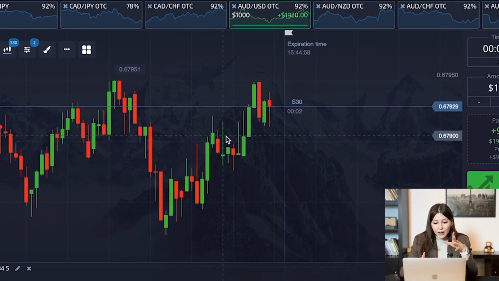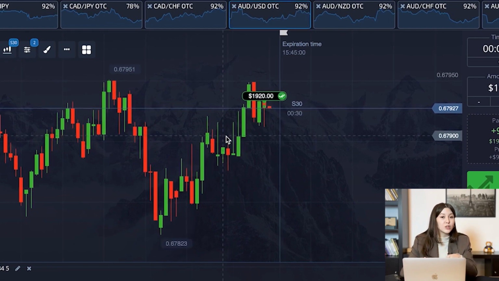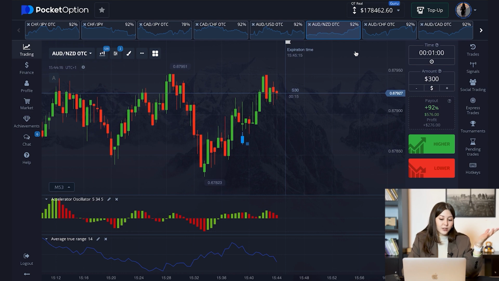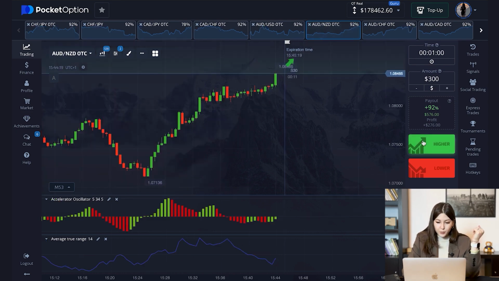For example, now we're having a profitable deal even though you saw that the candle was moody. So let's continue and let's make, for example, $300.